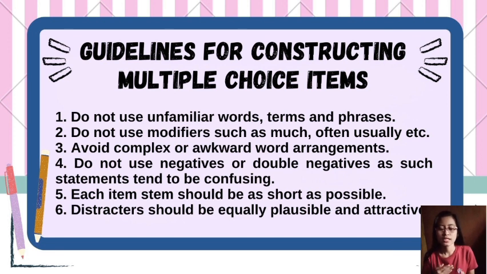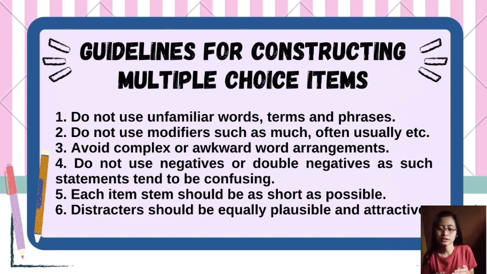Fifth, each item stem should be as short as possible. Each question, each problem should be short, avoiding being too long. Sixth, distractors should be equal, plausible, and attractive.